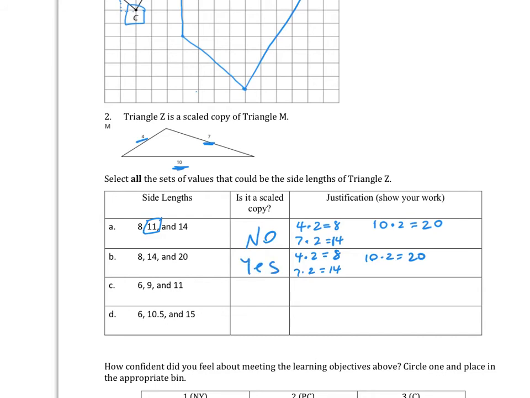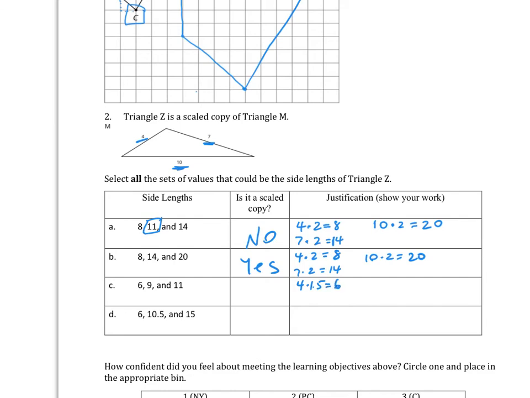All right, let's look at 6, 9, and 11. Now this one we're going to have to think a little bit harder, right? Because if we think about 6, 9, and 11, 4 does not easily go into 6. So we can't multiply by a whole number. But if we multiply 4 by 1.5, it does equal 6.